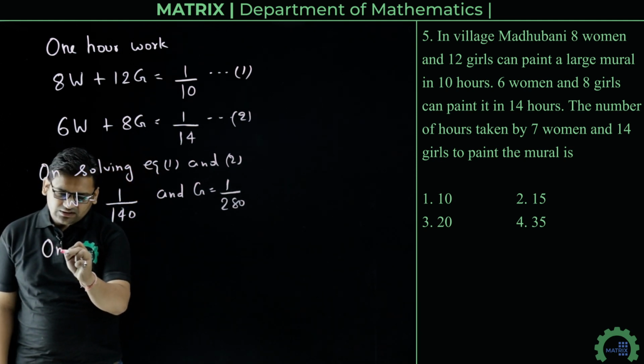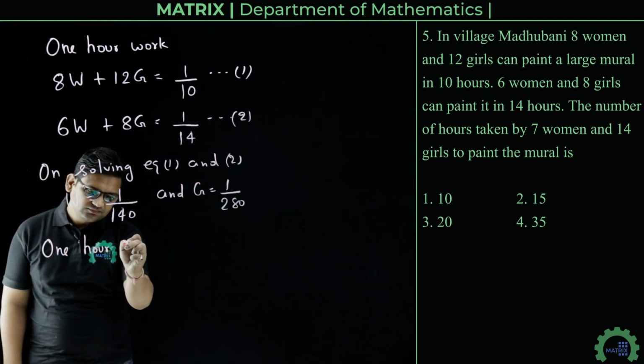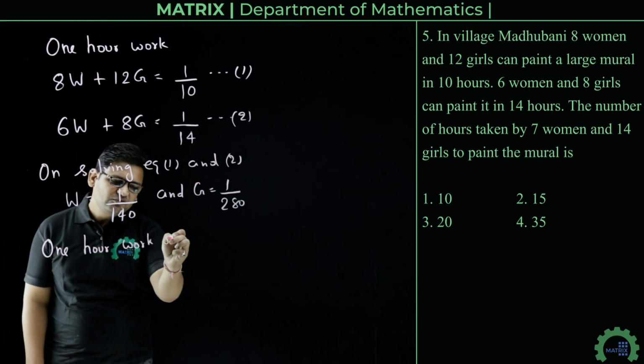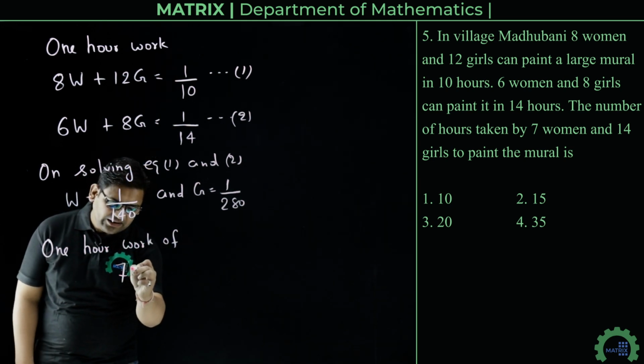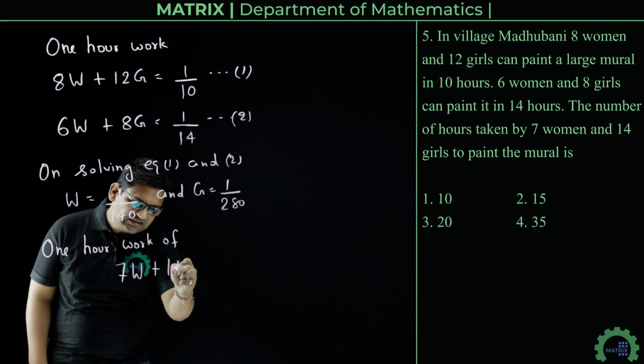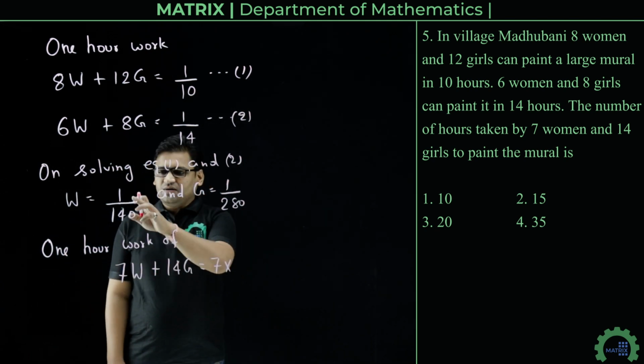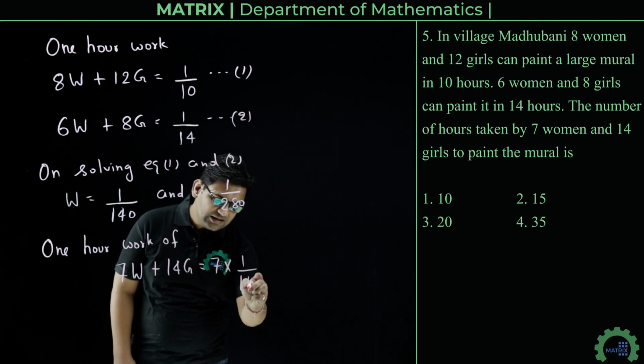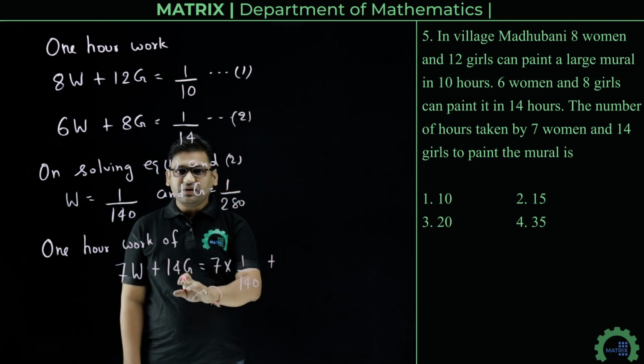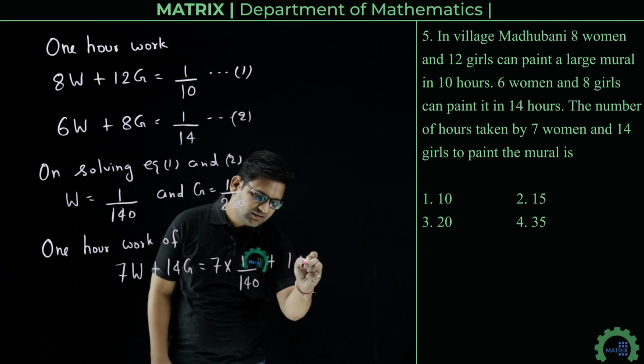So 1 hour work of 7 women and 14 girls will be 7 into 1 by 140 plus 14 into 1 by 280.